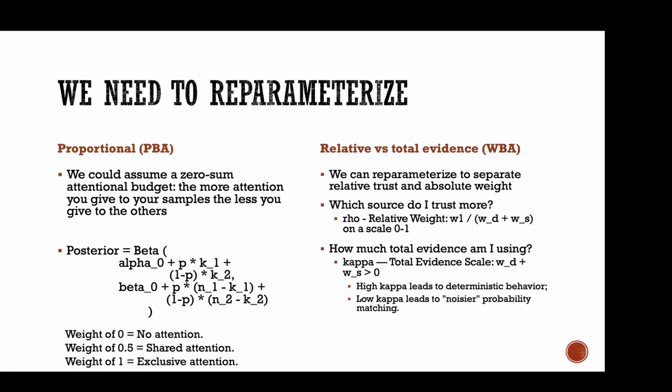And the second is the total amount of evidence, which is simply the two weights summed up. Right? Now we have two different parameters. One we call rho, the ratio, and one we call kappa, the total amount of evidence. And we derive the weights from those underlying parameters. Does that make sense?